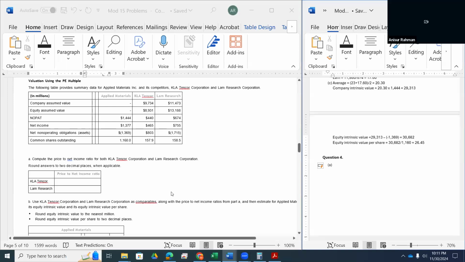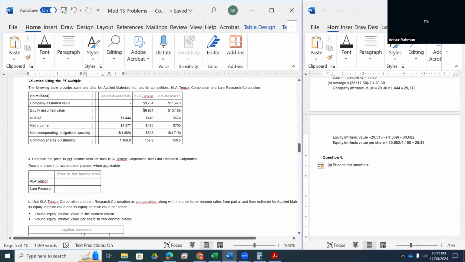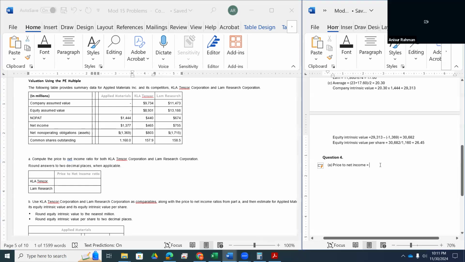So we have to find out price to net income. It is also called the net income market multiple. So our price, we have to use equity divided by net income.